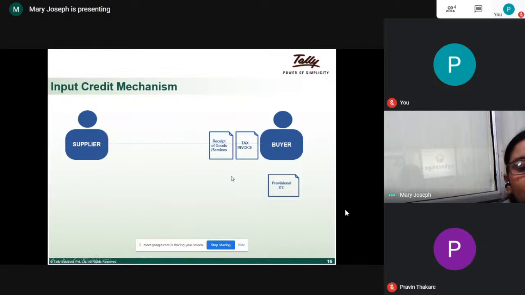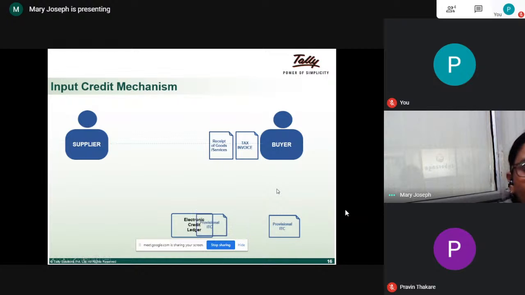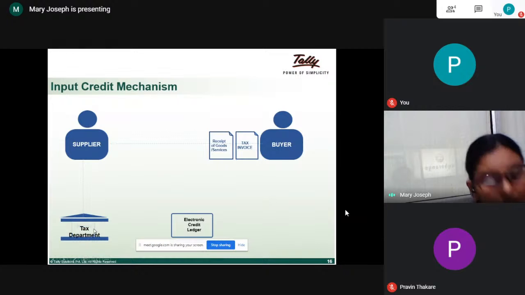Now provisional ITC and electronic credit ledger is generated in the GST portal into the tax department.